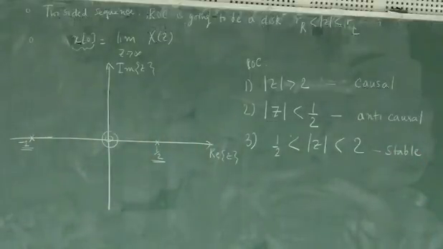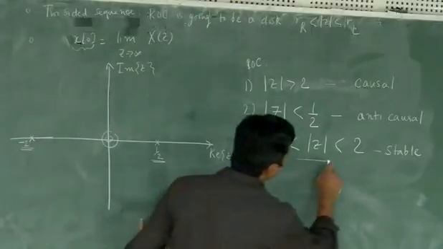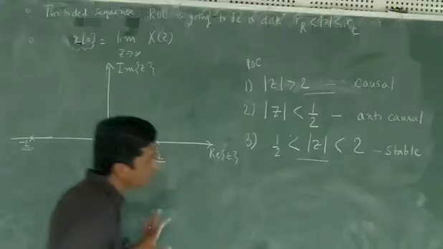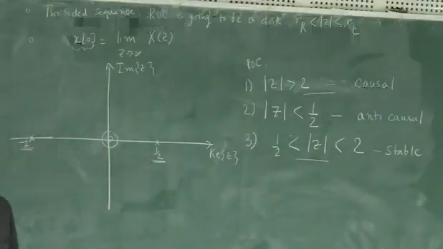Now, can I have from this set of poles and zeros a system that is stable and causal? Yes or no? Can we? So this is stable, this is causal. I want to find out if this system is stable and causal.